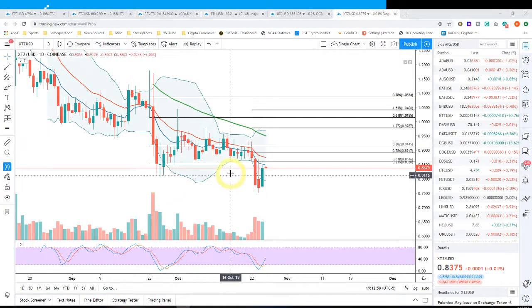I'll check Facebook later. Midday, let's see. ETH and Theta. All right, let's take a look. Let me change my pointer focus again.